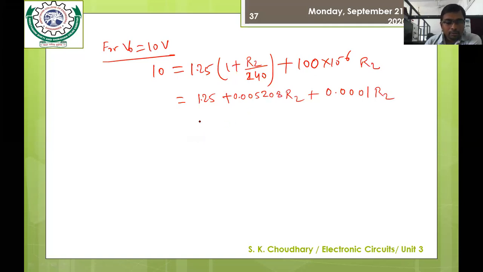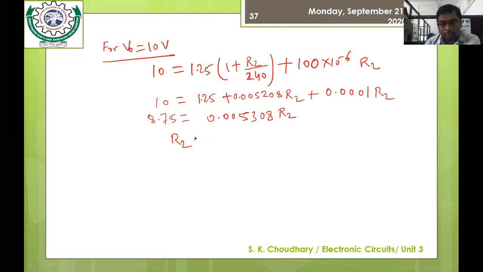Okay. So now just take this 1.25 on the LHS side. It would be 8.75, and here just add these two. You would get 0.005308 R2.